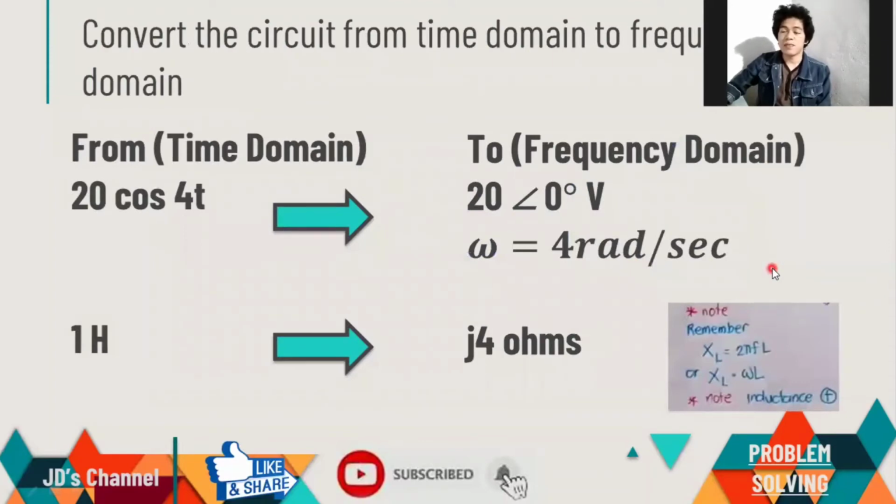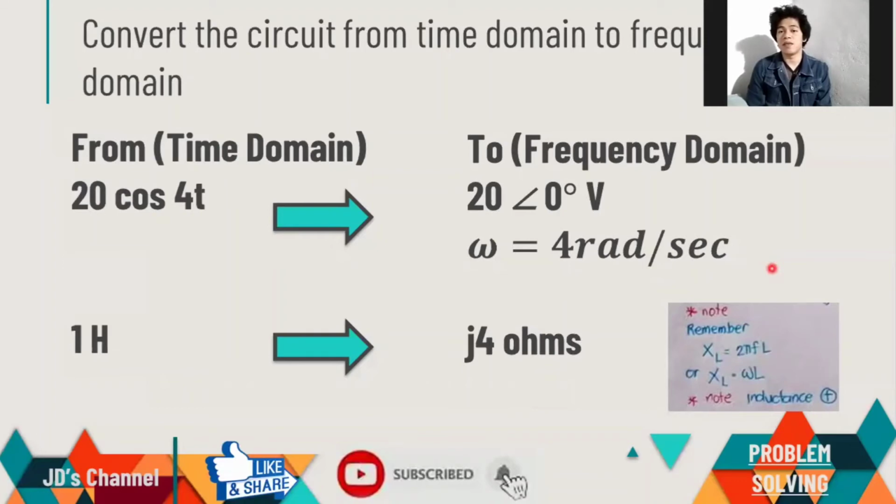Okay, so since magkakaiba sila class, ang gagawin natin, kasi naka-time domain yan, we need to put those na nasa time domain to the frequency domain para ma-solve natin yung problem.